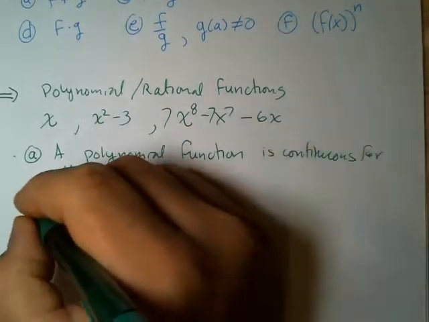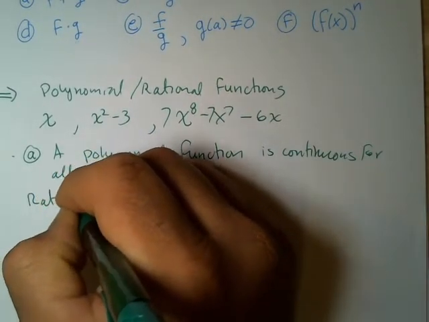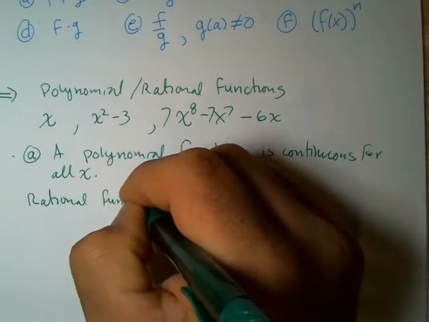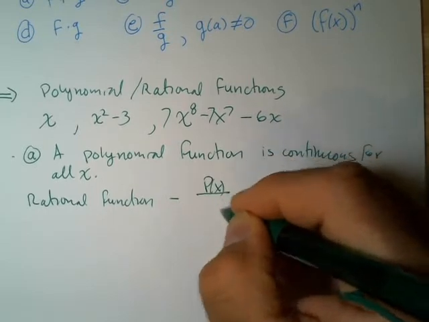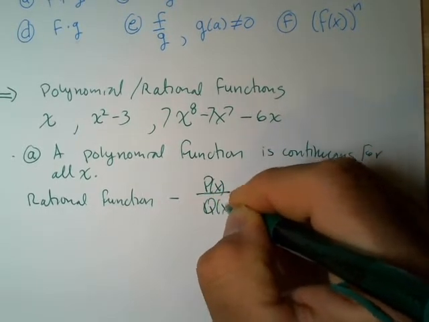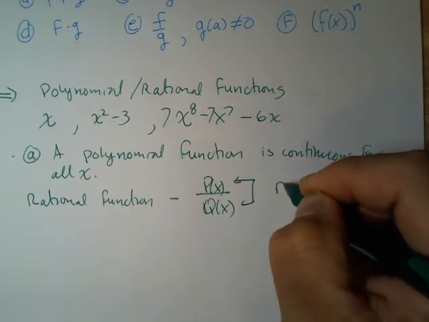All right, and also rational functions. A rational function is just a polynomial divided by another polynomial, where p of x and q of x, both of these are polynomials.